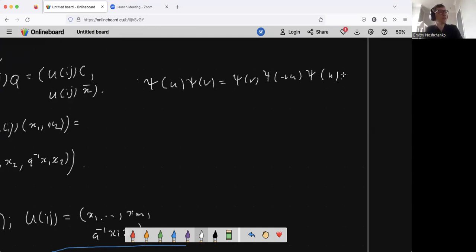I don't know the connection to the 6j symbols, but maybe there is a relation. In fact, this identity is somehow related to Yang-Baxter. So it has this connection to some quantum integrable models, but for 6j symbols, I'm not sure.